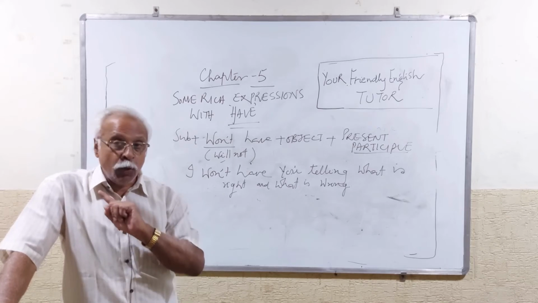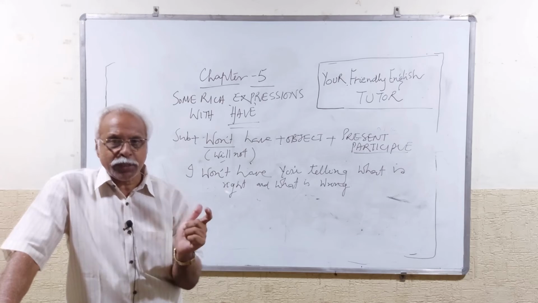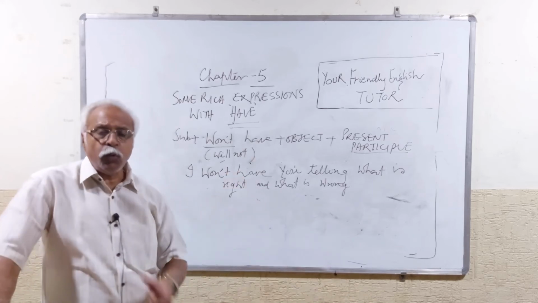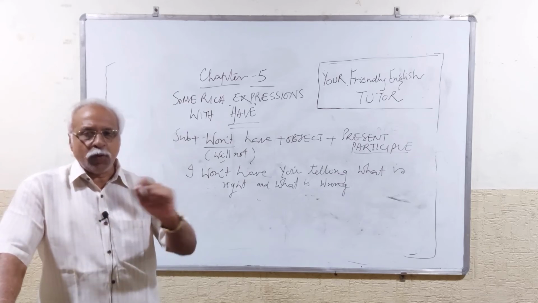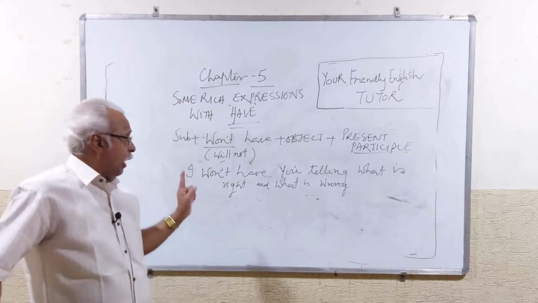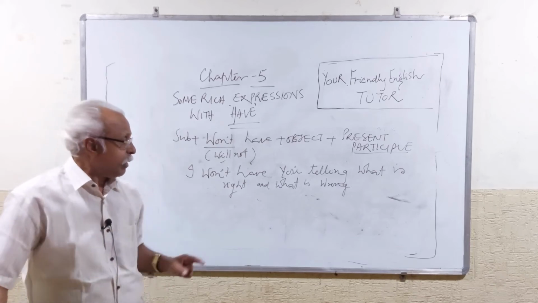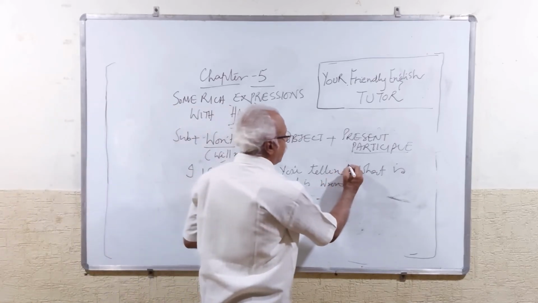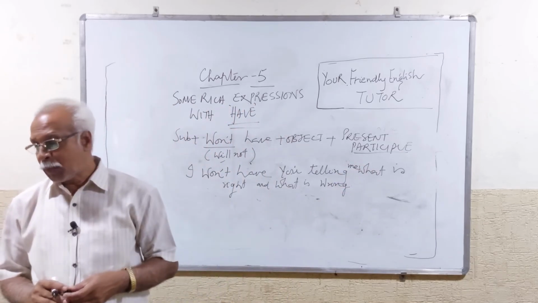I won't allow anyone. You refuse him or her, whoever wants to chip in to say this is not right, you should not do like that. I won't have you telling me what is right and what is wrong. Wonderful expression.